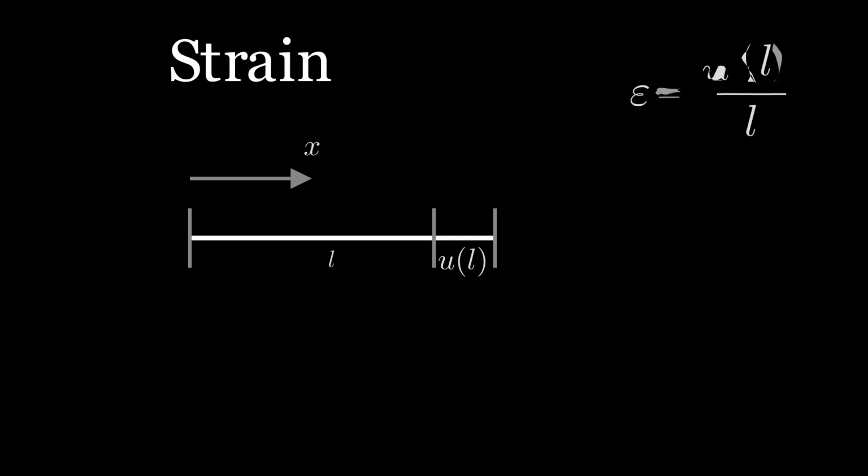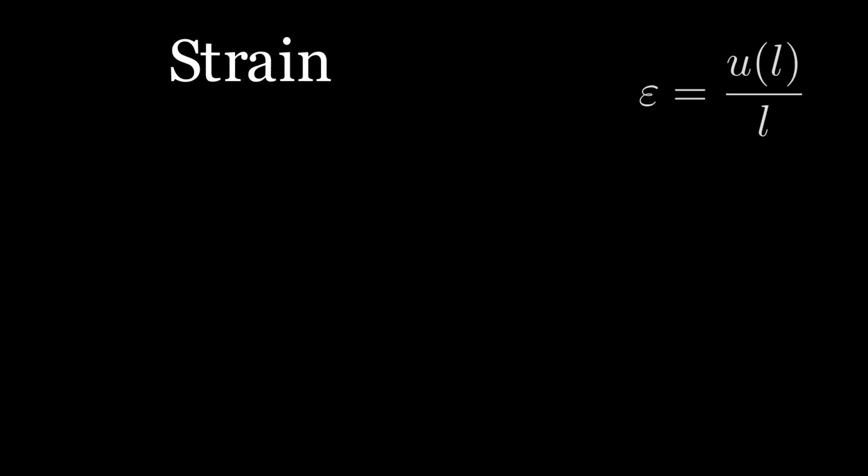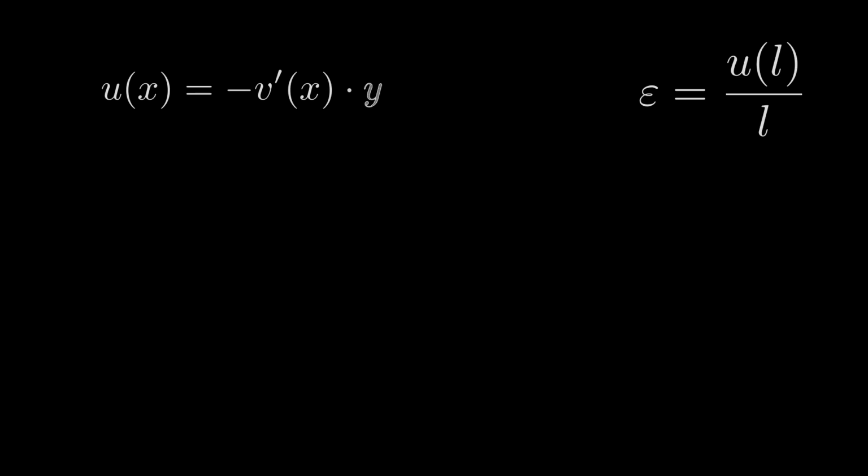Let this be an element of size L that deforms delta L due to some applied load. In undergrad, we see that strain is defined as delta L over L. We could also say that the displacement u at a point L over the total length L represents the same measure. Let's now recall the first equation we derived, u of x equals minus v prime of x times y.